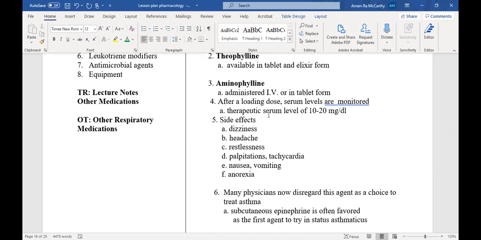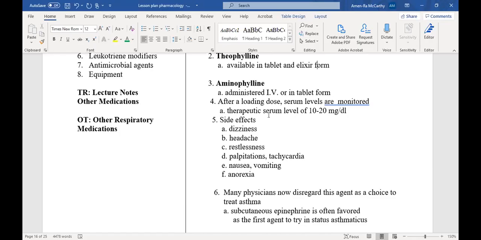When I test your blood, if I want phosphodiesterase to stay off the scene, then I have to keep at least 10 to 20 milligrams per deciliter of xanthines in the blood. That's the only thing that's going to keep him off your back. Whether it be theophylline or aminophylline, I got to make sure the amount in my system is at least 10 to 20 at any given time.